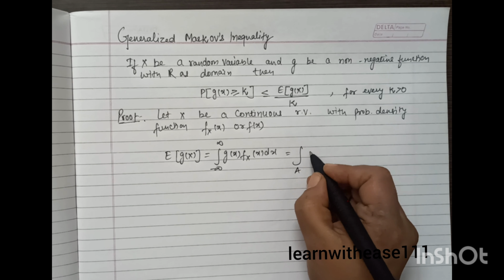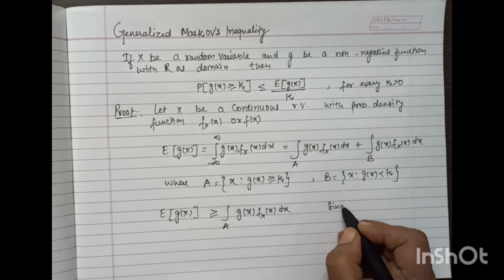Since we are interested in this only, we'll be removing this and applying the greater symbol, because both are positive quantities since g is a non-negative function. So this is greater than or equal to the integral over A, because this is a positive quantity.